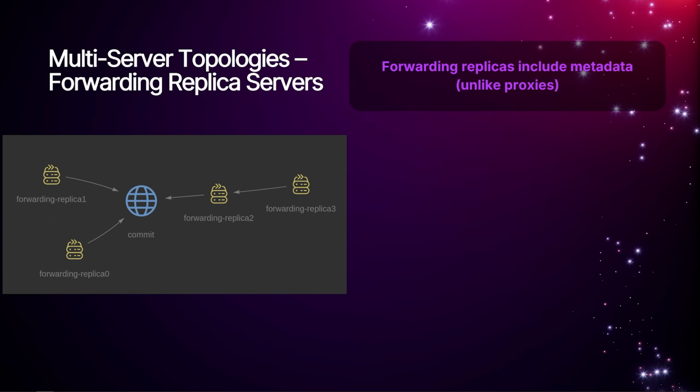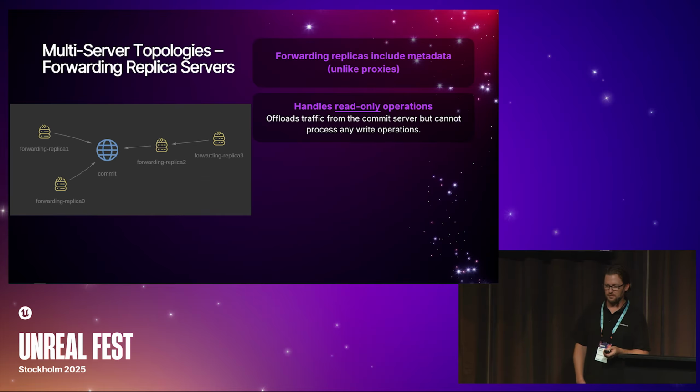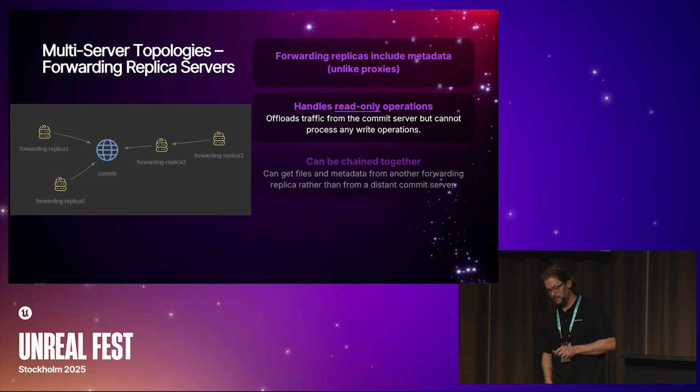So unlike proxies where we're just talking about file content, now we're starting to talk about file content and metadata. But we are only talking about read-only operations. So things like sync and submit and others and revert are not going to be handled through that forwarding replica itself. It's still going to have to go to the upstream and do some coordination. So you won't benefit from all things, but read-only operations will benefit.